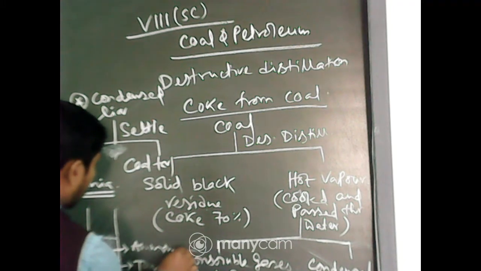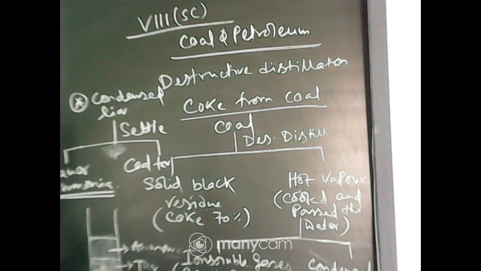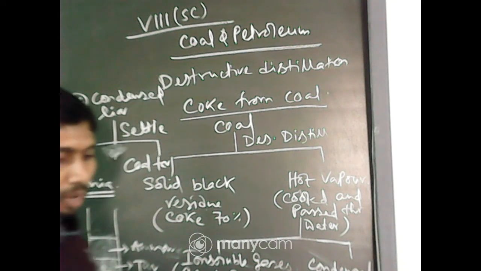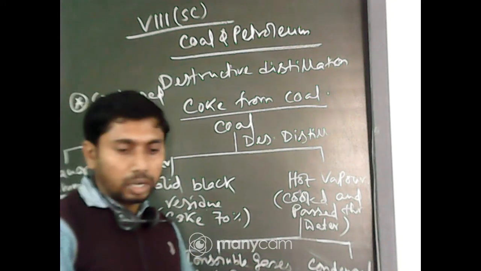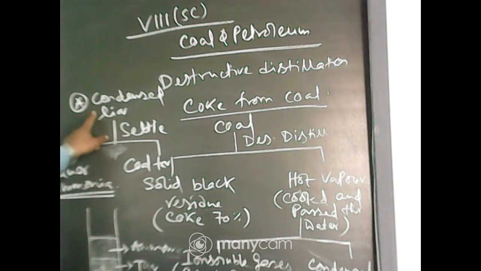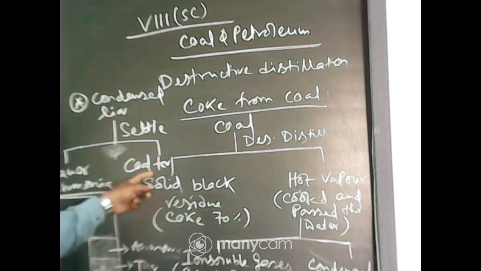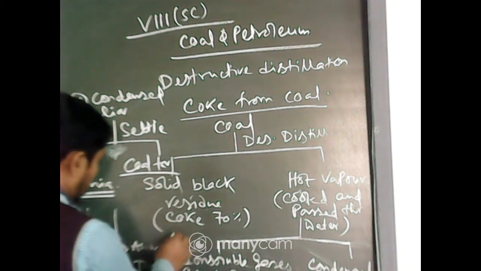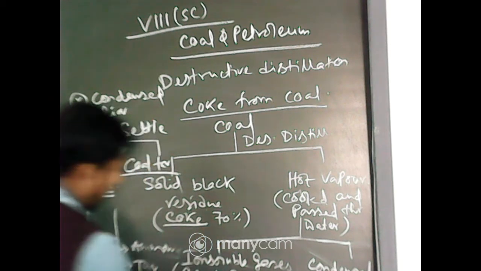Okay. So this is the industrial process. In the lower half, another one is condensed liquid, and when settled it produces liquor ammonia, and on the other hand coal tar. Now these terms are known to you: coal tar, coke, coal gas.